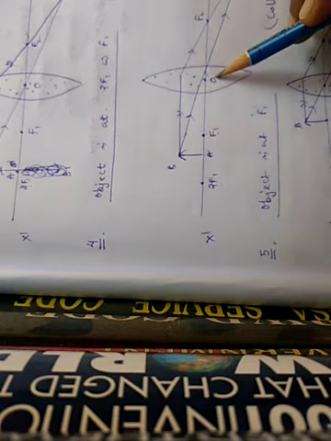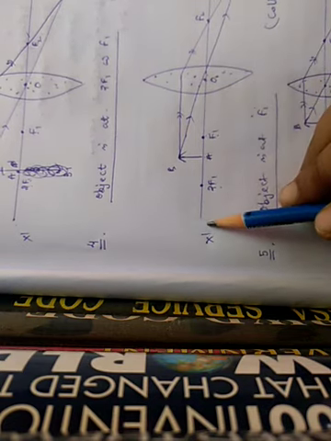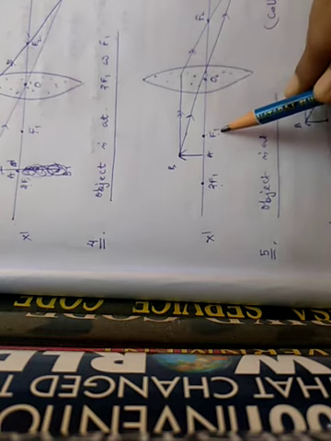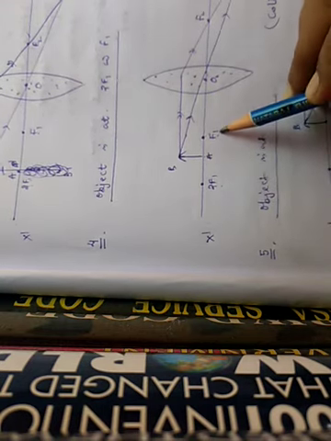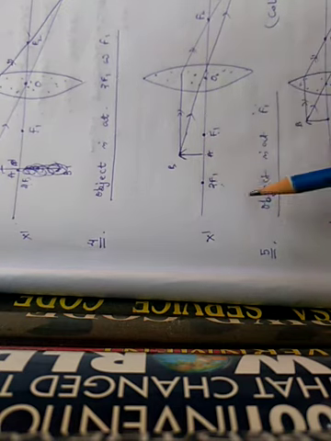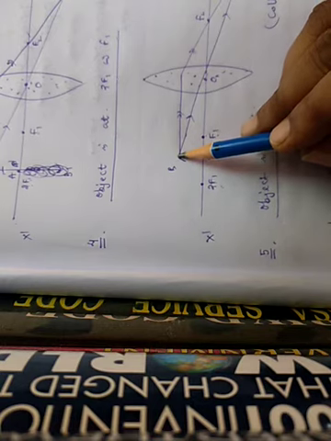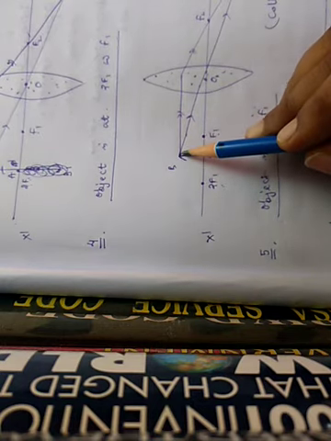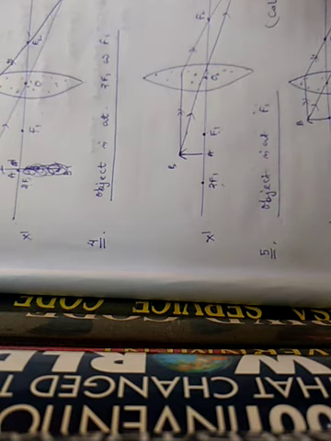First draw the converging lens, then the principal axis X dash, the optic center, and put the marks F1 and 2F1. Now put your object AB in between F1 and 2F1. Now start your diagram. From the point B, first draw the incident ray passing through the optic center. It remains undeviated and passes in that manner.